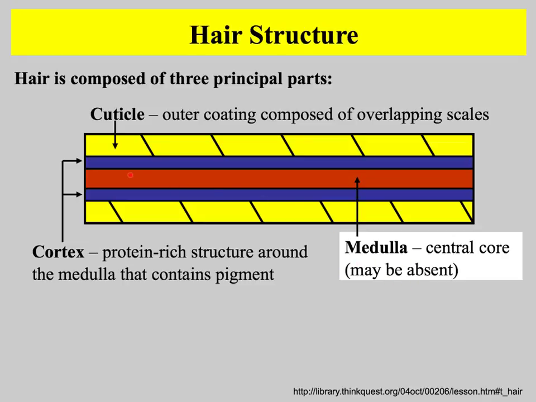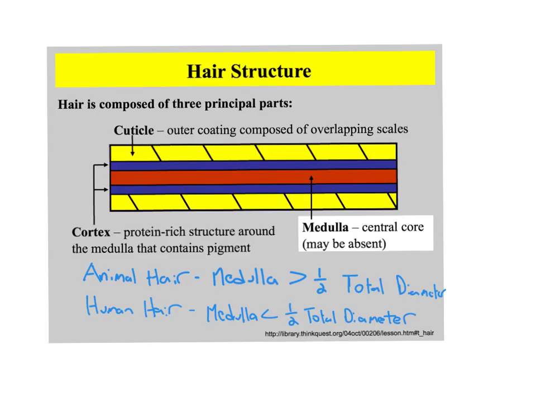Now, the medulla is really important for us as forensic scientists because there are 2 things that are true about the medulla. What we're going to see is that in animal hair, the medulla, this part of the hair, is more than 1/2 the total diameter of the entire hair. And that makes a huge difference because when we're looking at animal versus human hair, we want to be able to tell the difference.